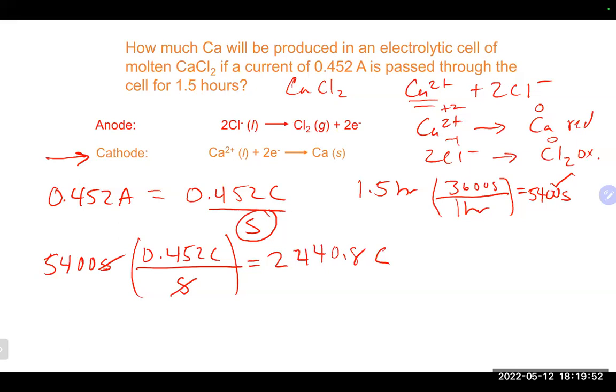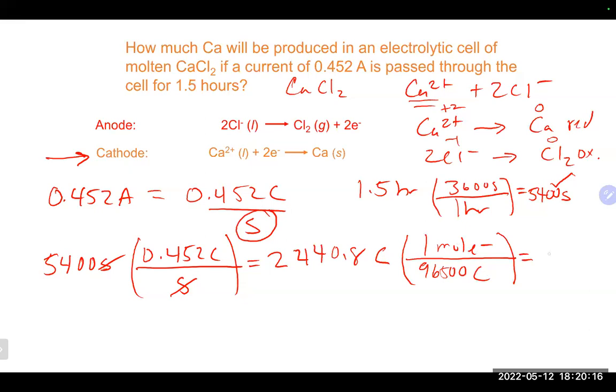At this point, we would use Faraday's constant to go from coulombs to moles of electrons. This is a pretty standard first step on these types of problems, these few steps right here. We're going to use 96,500 coulombs per 1 mole of electrons. So we're going to divide by 96,500.